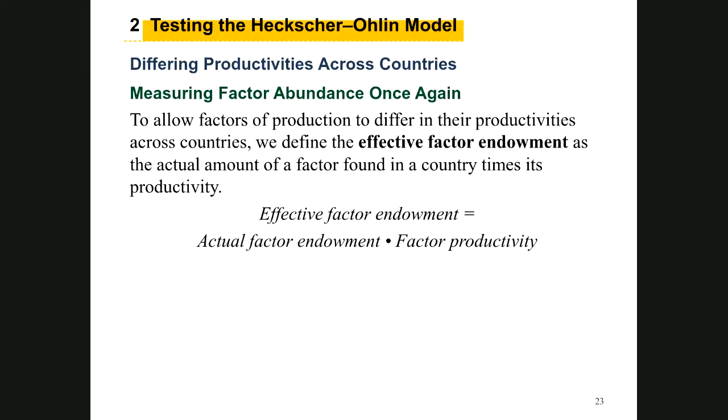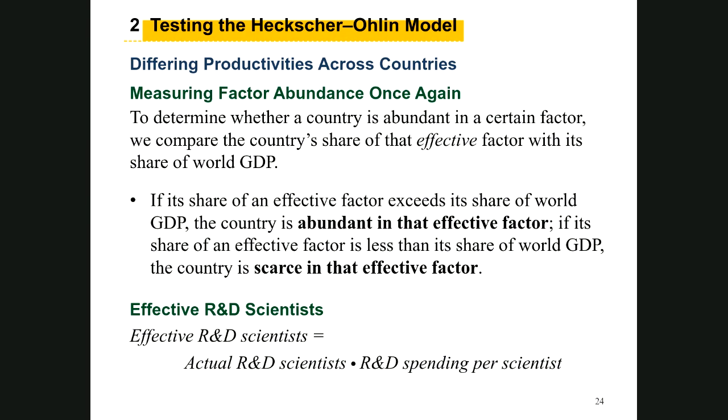Okay, so let me show you a graph that uses the effective labor instead of the actual labor. For example, here, the productivity of the R&D scientists is different from the actual number of R&D scientists as well. The difference is the productivity, or you could say the spending per scientist, which differs across countries.